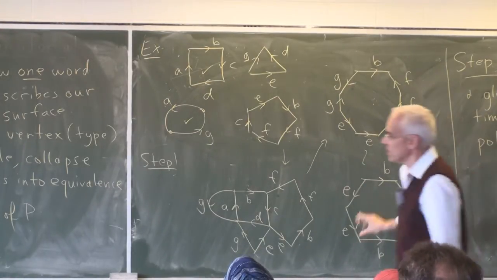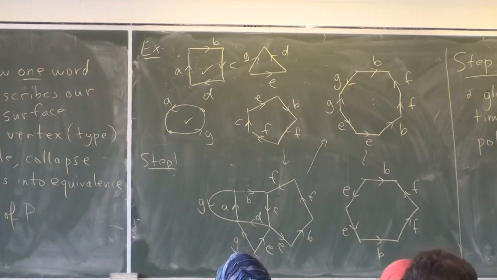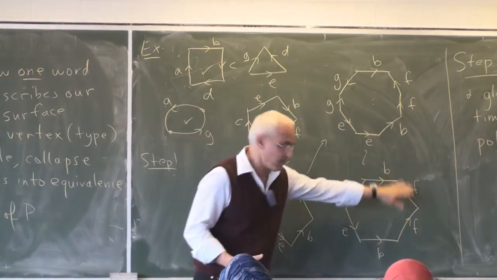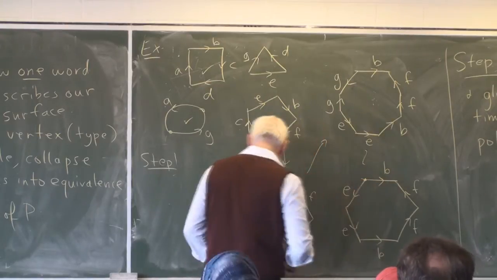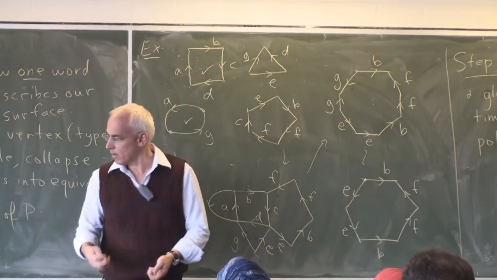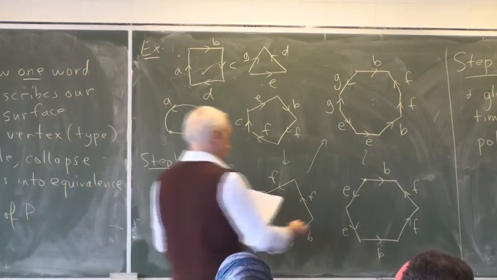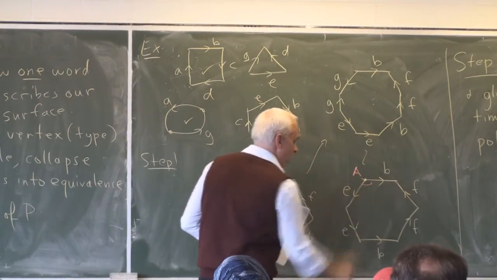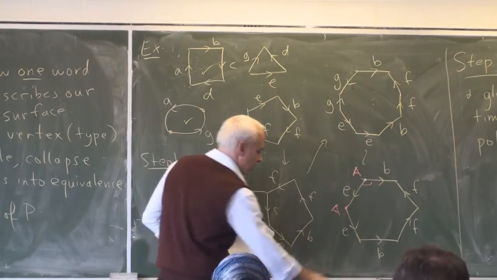Okay, so now let me use this to illustrate what I mean over here. I want to divide the vertices into equivalence classes. I want to say which vertices here are really the same. All right, so let's choose one vertex, let's say that one there, and call it A. This A is at the bottom of E and the bottom of B. The bottom of E is right there, so that's got to also be the vertex A, and the bottom of B is right here.